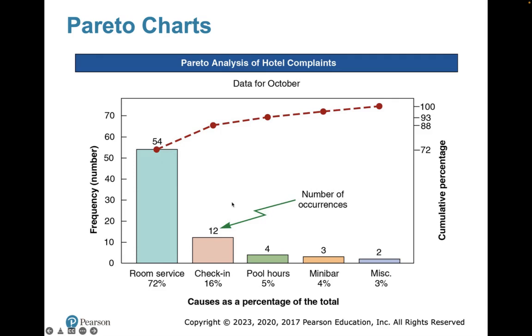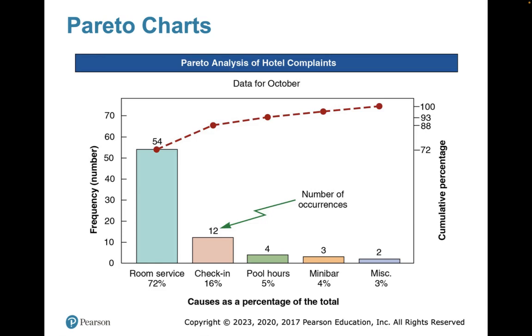So just start thinking about, if you were a manager and you had to address one of these problems, which one do you think you would address most immediately? Start thinking about how this can help us with managing our quality, recognizing as managers that we have to prioritize our time, and this can be very helpful in making sure we're most efficient with what we prioritize.